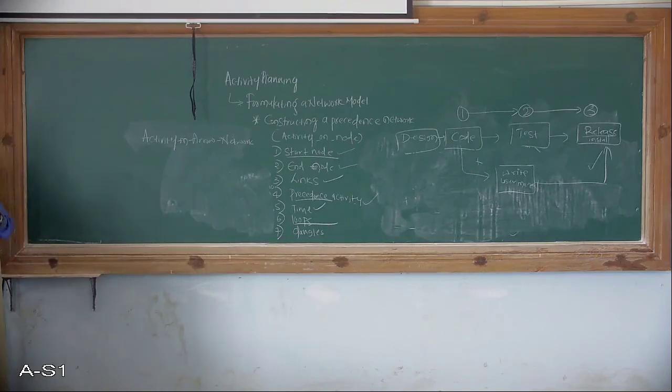Nodes are the events, such as installation at a point of time, so we are not dealing with a time span here in activity on arrow networks. Nodes are numbered sequentially because it is an activity-based network.